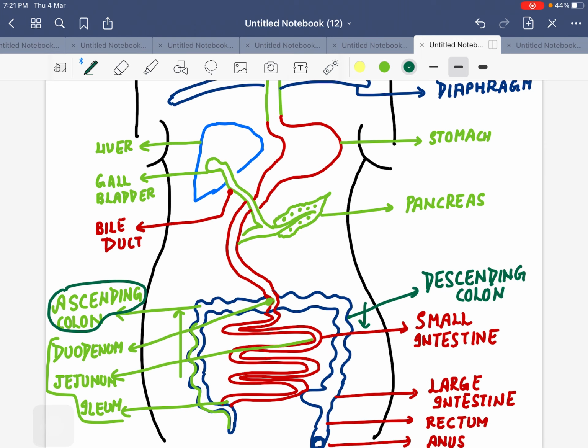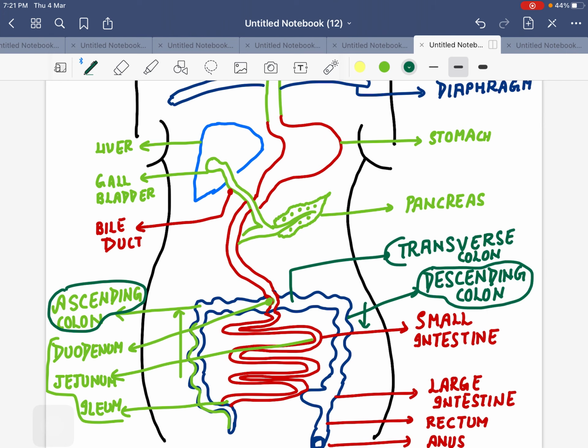This is descending colon. And the last upper portion is transverse colon. Transverse colon.